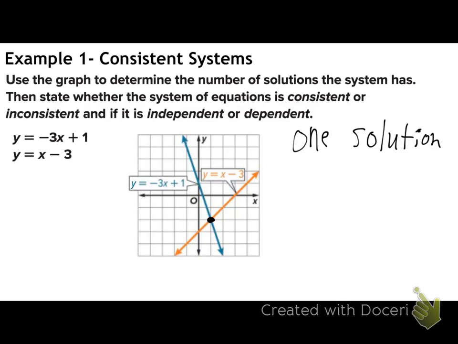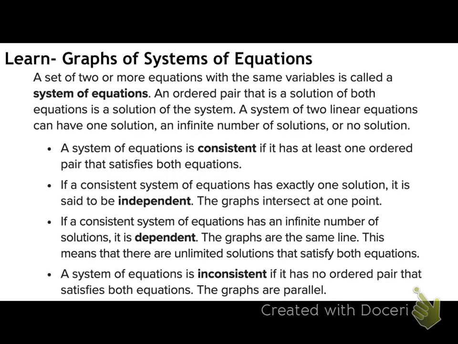Now it wants me to state whether the system of equations is consistent or inconsistent, and if it is independent or dependent. How do I know if the system of equations is consistent or inconsistent? If it has at least one ordered pair for both, it could be one or infinitely many.